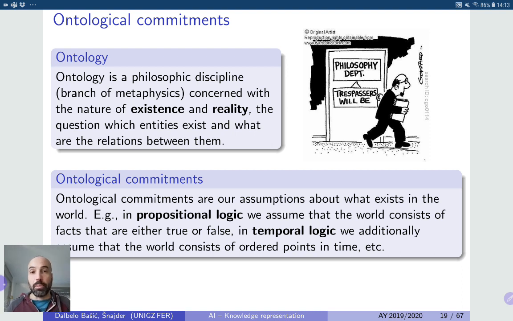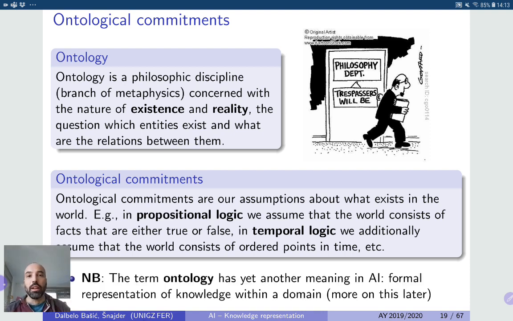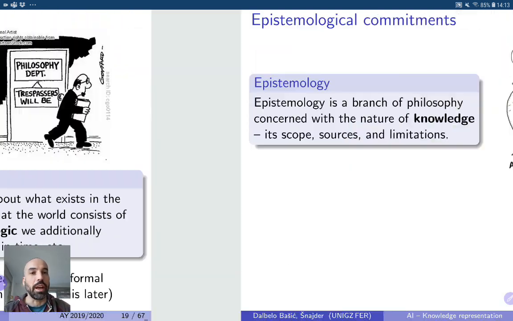Unlike, for example, in temporal logic, where we would additionally assume that the world consists of points in time that are put in a total order, and this basically describes the flow of time, for example. Oh, by the way, the term ontology is overloaded in AI, and there's yet another meaning, which essentially means a formal representation of knowledge within a domain, but we'll not look into that.